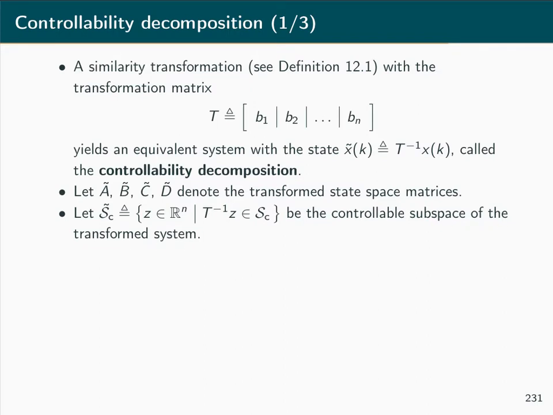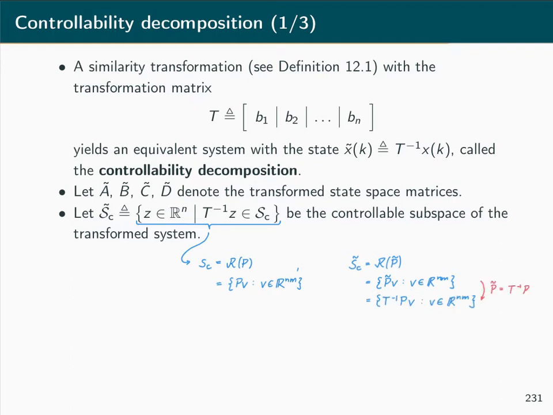In fact, it can be expressed by this formula, which is easy to show by the definition of the controllable subspace being the range space of the controllability matrix for the original system and for the transformed system, which by the definition of the range space can be written as the set of vectors PV, where V is any vector, for the original system, and a set of vectors P tilde V, where V is any vector, for the transformed system.